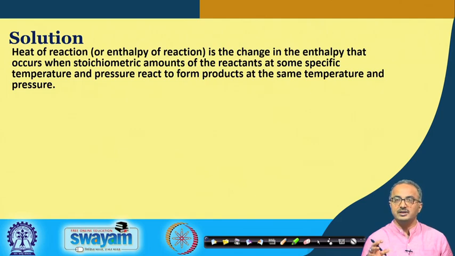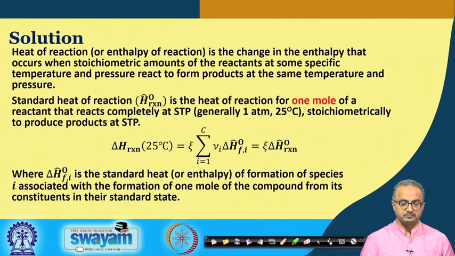That would need some mathematical manipulation in the calculation of the energies associated with this estimation, which we shall see a bit later. As of now, this is the way we define the heat or enthalpy of reaction.